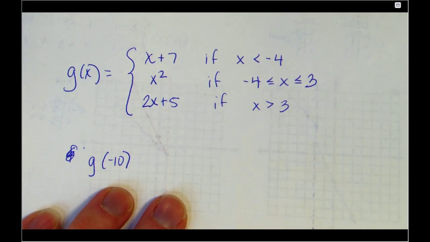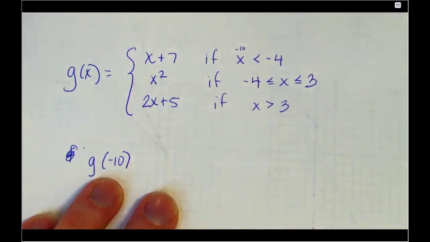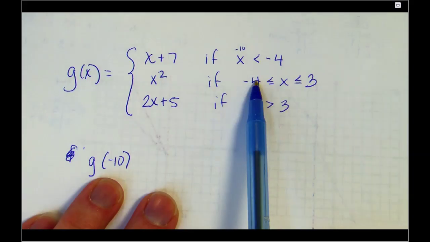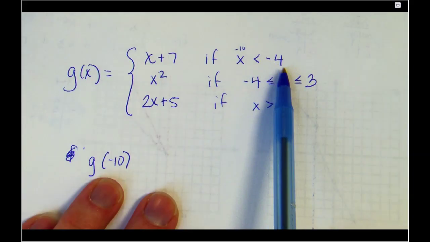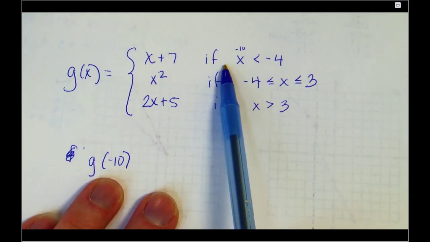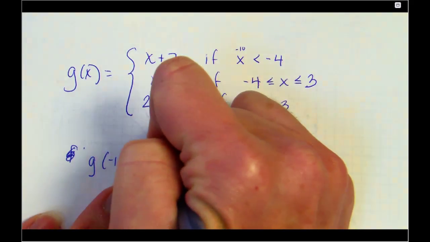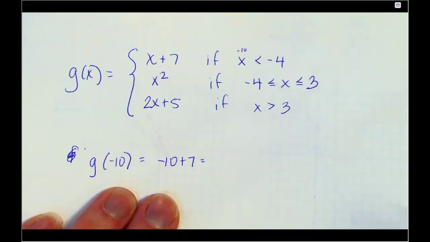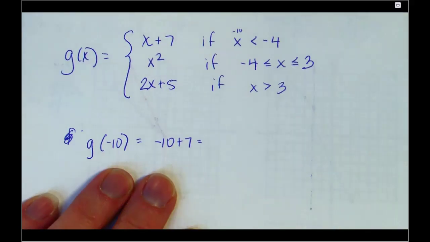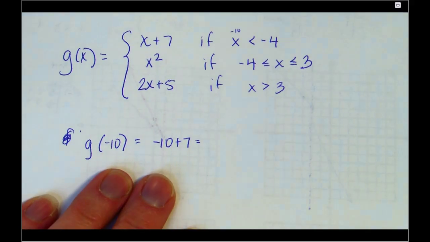You are using the top because just in case you want to check, negative 10 is less than negative 4. The alligator has to eat the bigger number. Points at the small number, eats the big one. So when you show your work, you have to show that you plugged it in. Okay, 2 reasons. I want to make sure you're doing it right. And I also want to make sure that if you decide you're going to copy off somebody, you got a lot to write.